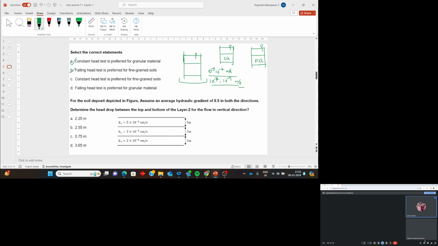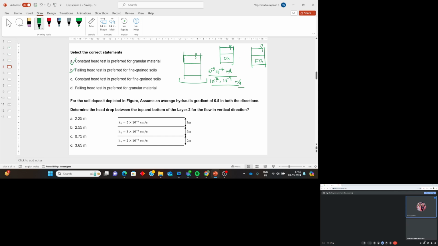In coarse grained soils, in a falling head test, the water is suddenly dropped. So you cannot measure the fall in head as well as the time for that quick drop in head, right? So to avoid that, people will be constantly pouring, maintaining this head as constant.